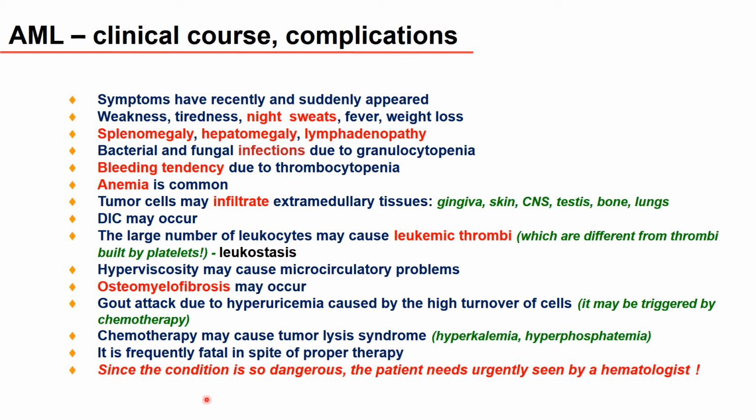Because this condition is very dangerous and a very fast, fulminant development can be expected, the patient needs to be urgently seen by a hematologist. This is why it's very important. If you are a dermatologist, or a dentist, for example, you should know the signs of these acute leukemias.